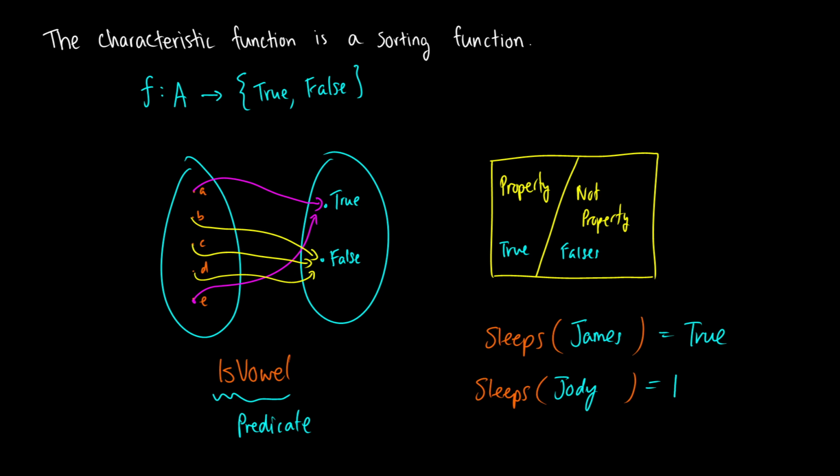She does not sleep. She's too busy planning things all day. So this is false. So, yeah, we can think of predicates in linguistics as being characteristic functions in natural language. At least this is how we can start with model theory when we think about truth conditional semantics, and then we might have to do some modifications for, say, lambda calculus when we get there.